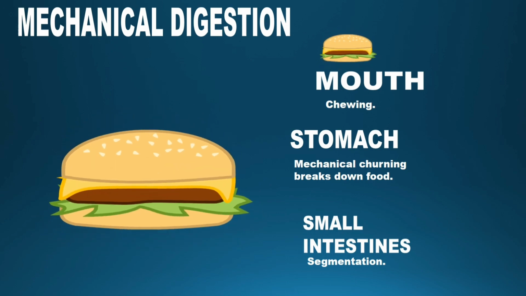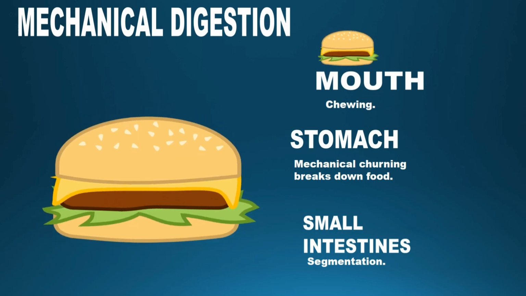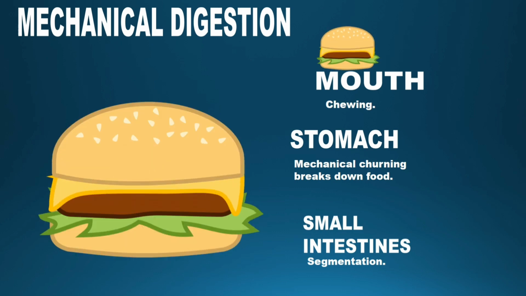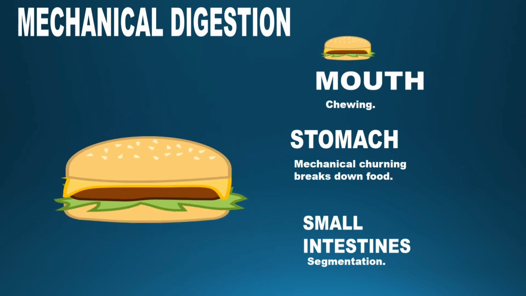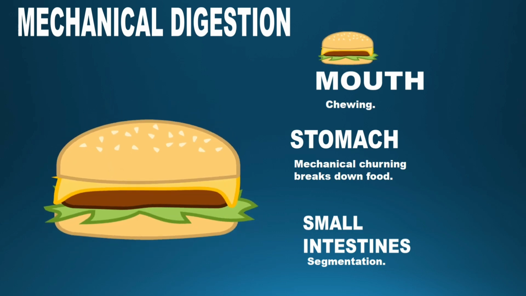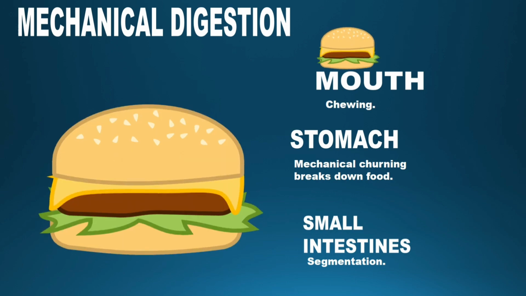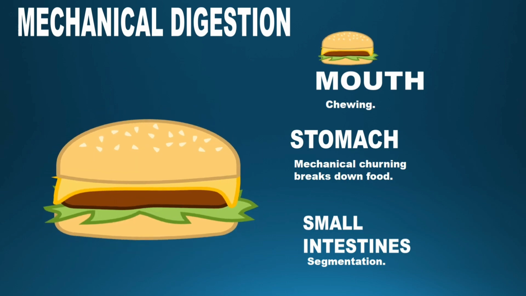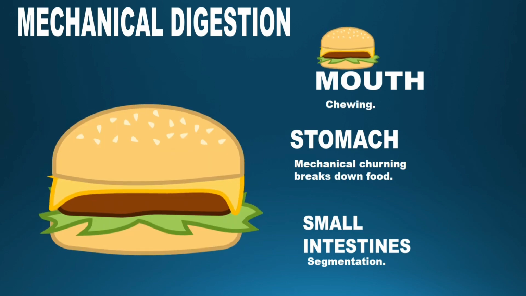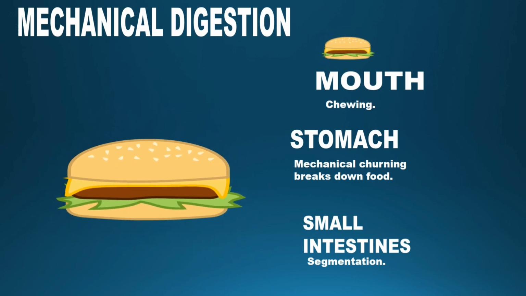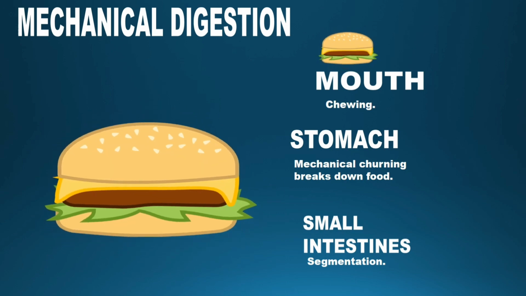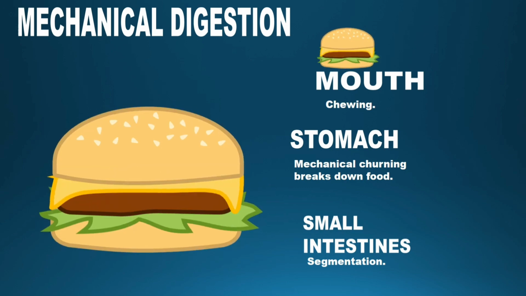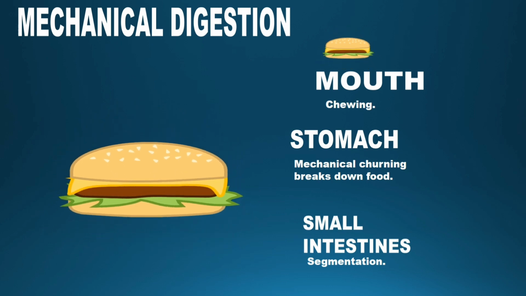Later, we have the stomach, which does mechanical churning and breaks the food down even more. And then finally, we have the small intestine, which has a process called segmentation, which is basically pushing the food back and forwards, essentially just mixing and breaking it up.